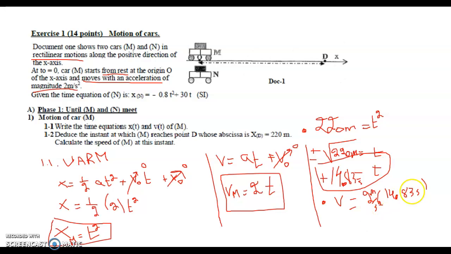Now second and second cancel, we are left with meter per second unit wise, and the value is, you have to multiply 14.83 times 2, 29.66. It's enough to take 2 decimal digits after the decimal point, so 29.66.